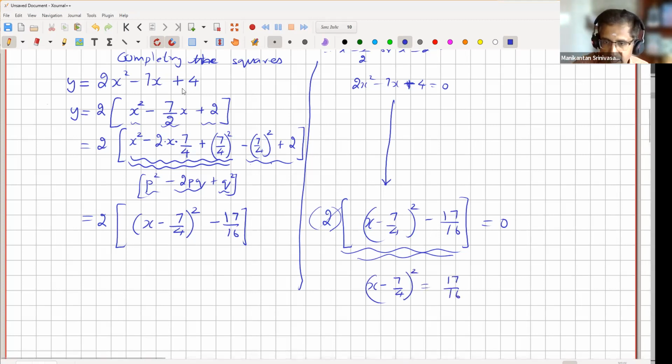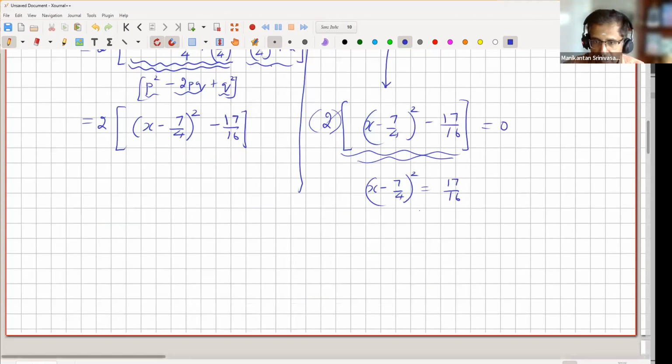Which means x minus 7 by 4 is plus or minus square root of 17 by 16, which is root 17 upon 4. Which means x is 7 plus or minus root 17 whole upon 4. So we have solved this using completing the square.